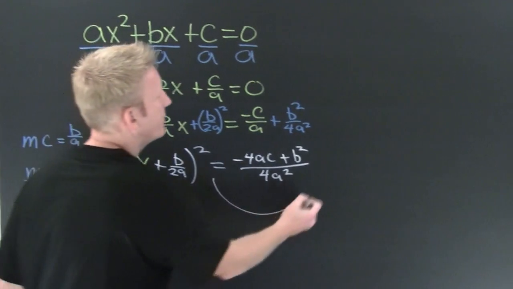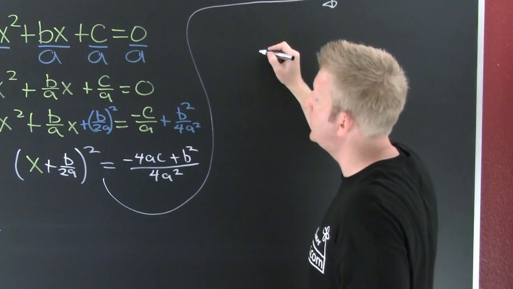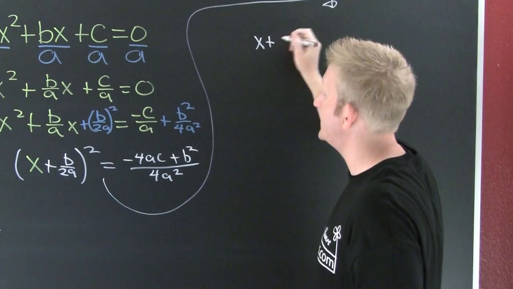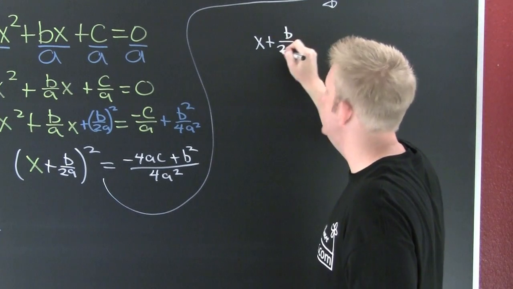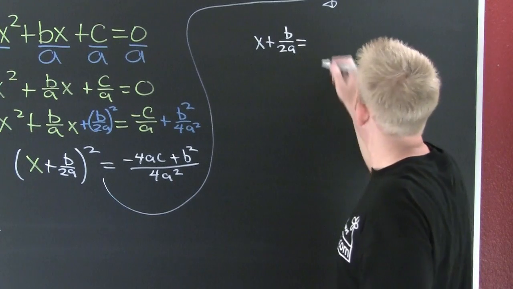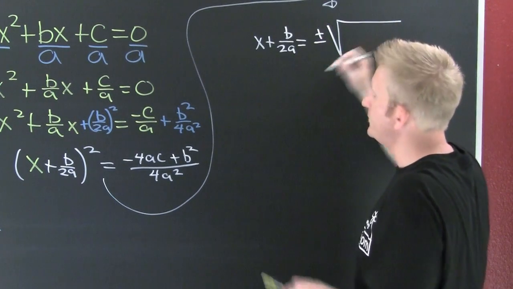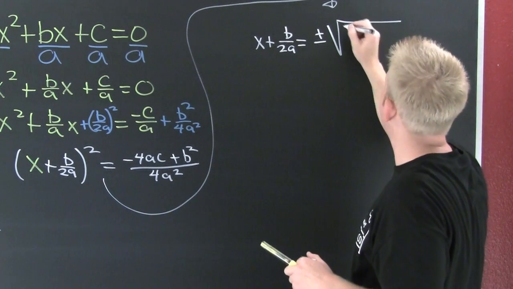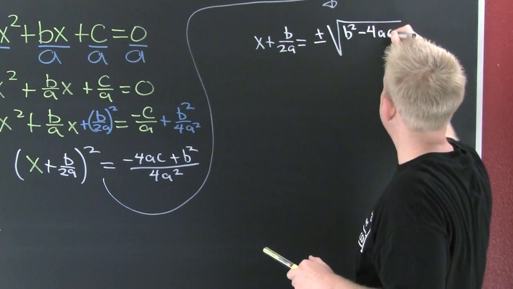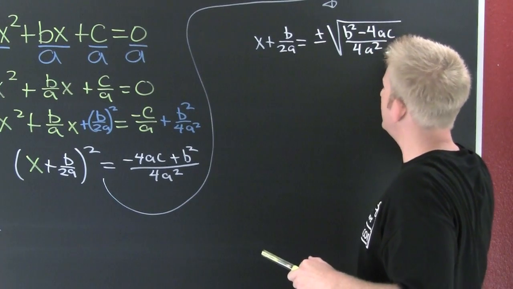I'm looking at the square root of both sides. This is x plus b over 2a. Whenever I use the square root property, I'm not going to forget the plus or minus square root of, I'm going to commute those terms too, b squared minus 4ac over 4a squared.